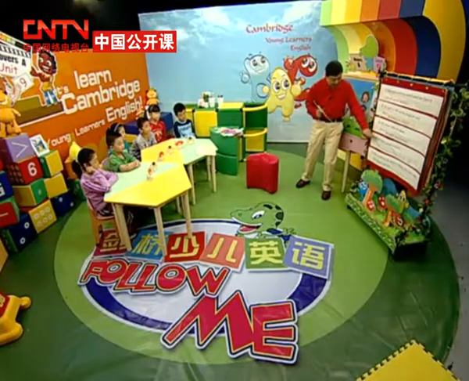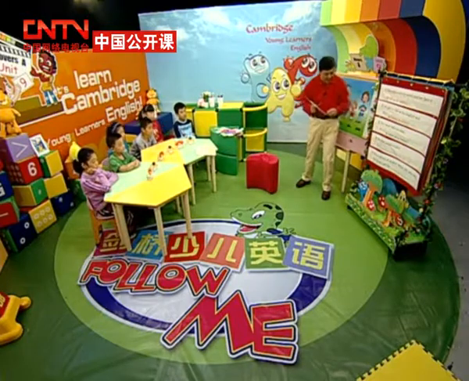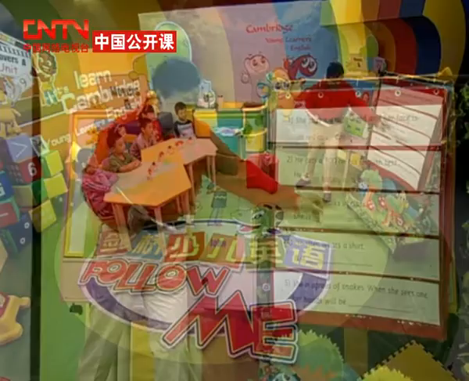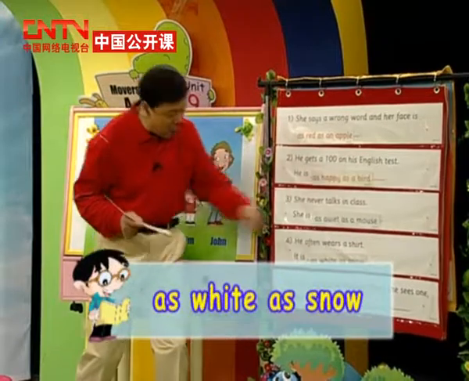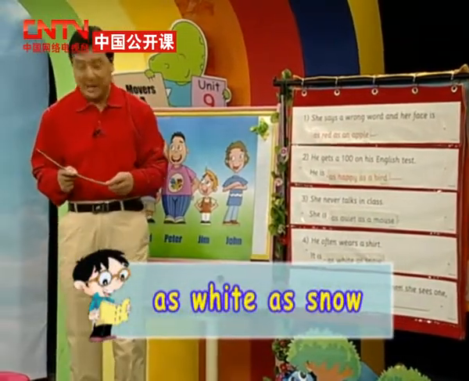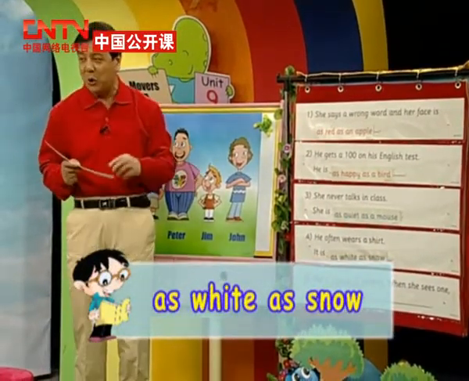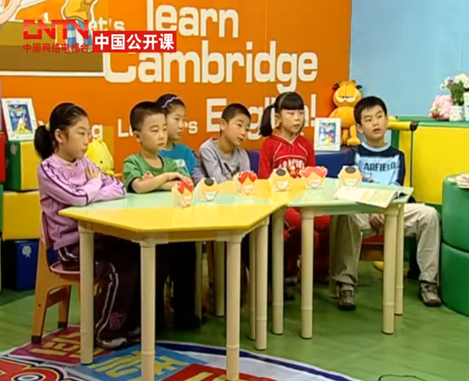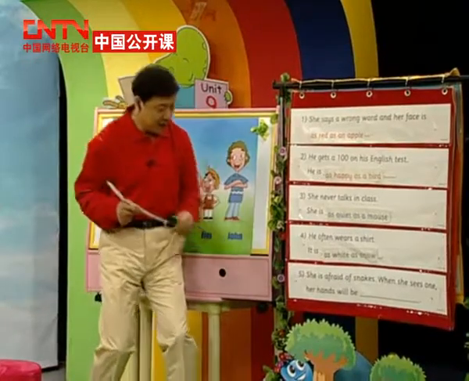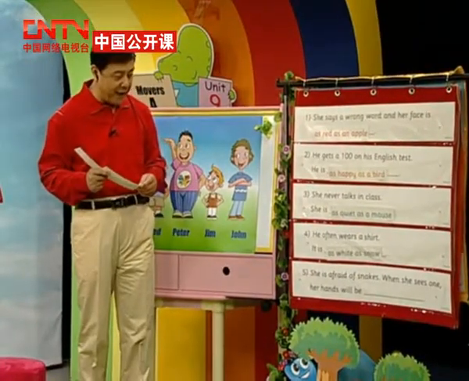Now, this one. He often wears a shirt. It is as white as snow. 衬衫白得像雪一样。Very, very white. Okay, next one. She is afraid of snakes.